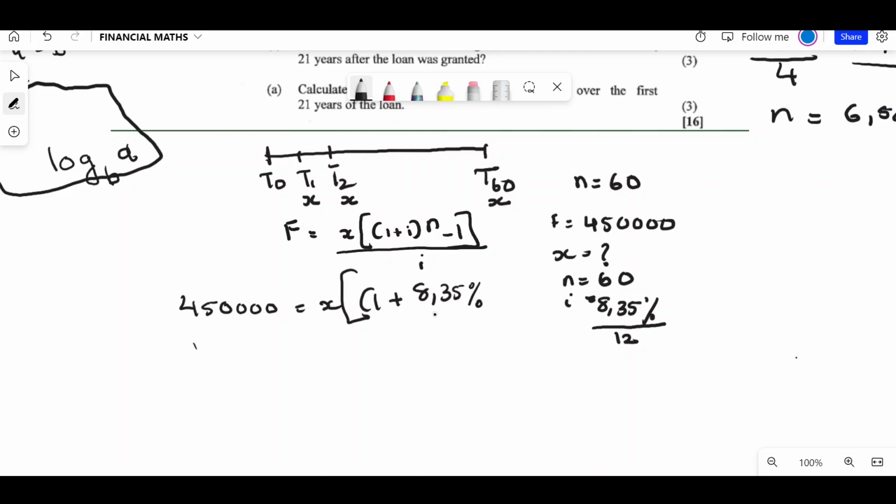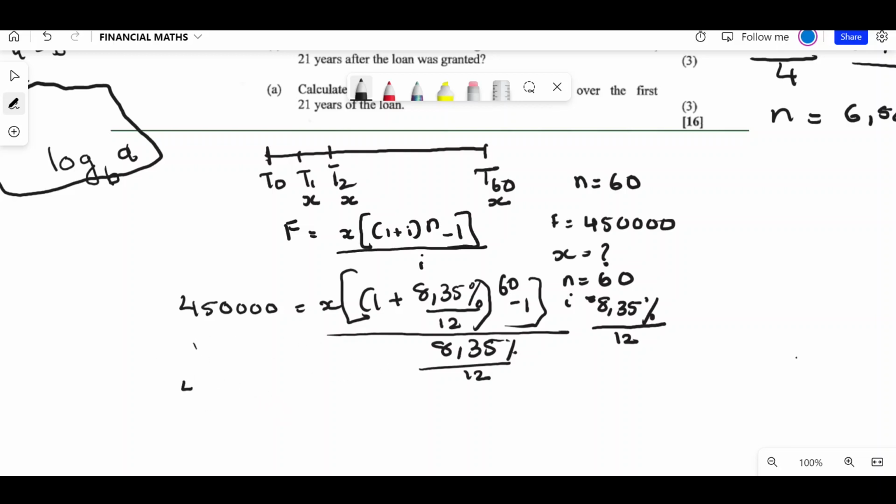Don't forget to write the percentage sign. We are writing it as it is because it's there in the calculator. To the power 60 minus 1. The whole divided by I again, 8,35% divided by 12.